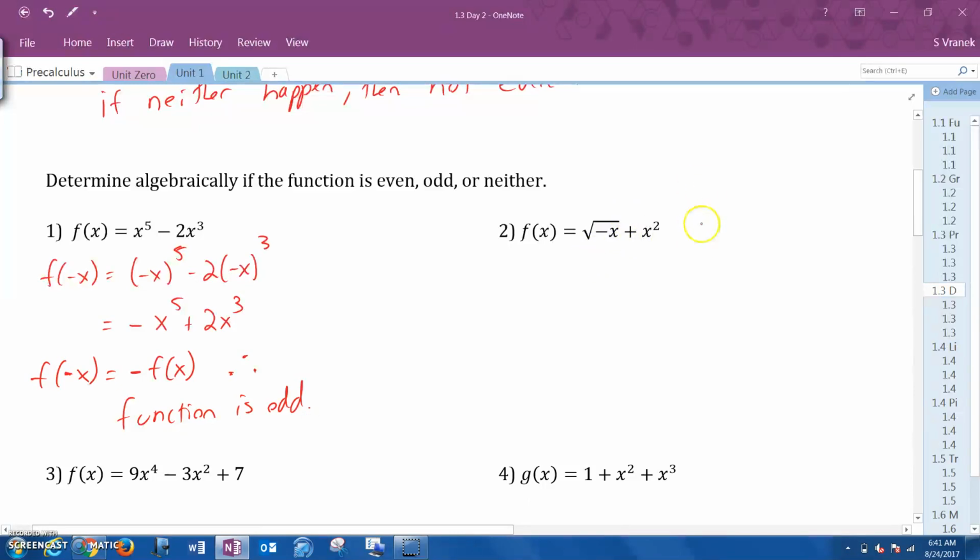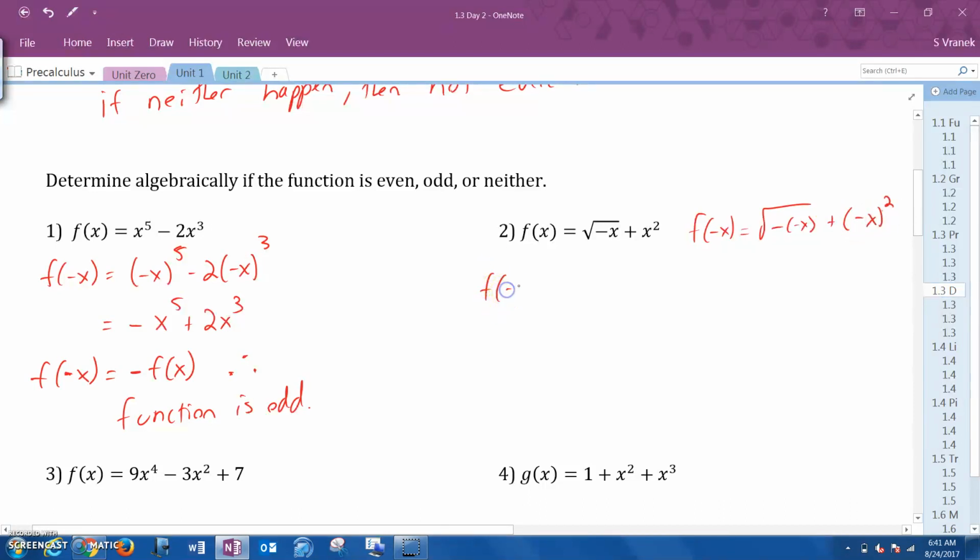Alright, let's do it again over here. Put a negative x in. So we get the square root of negative x plus negative x squared.